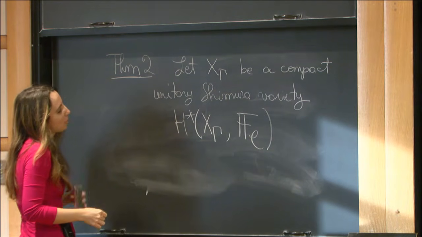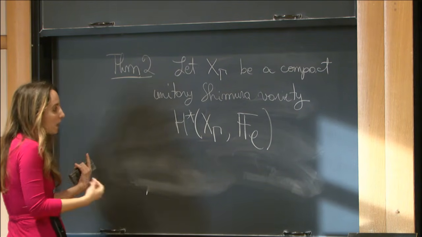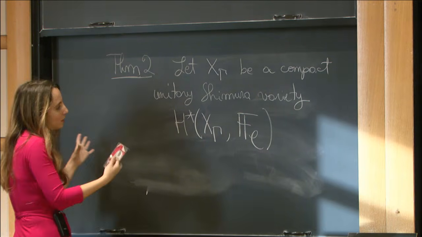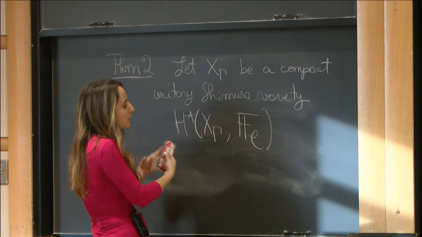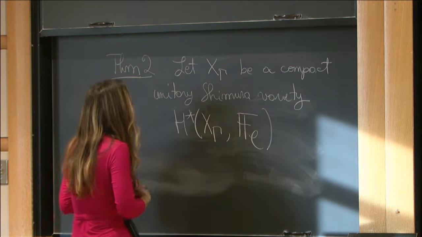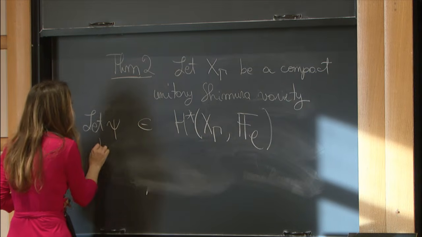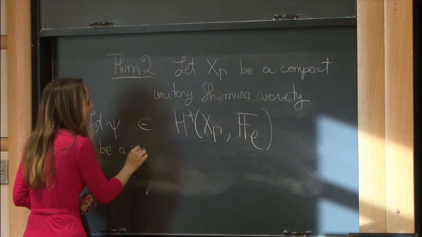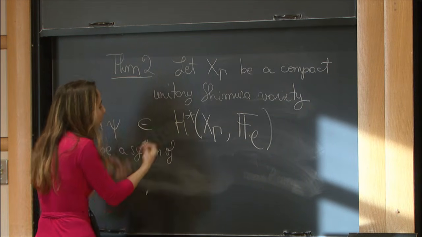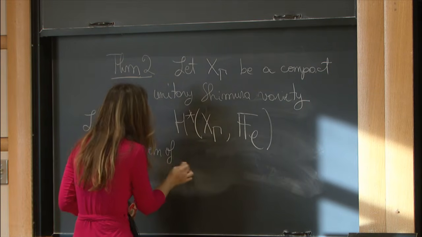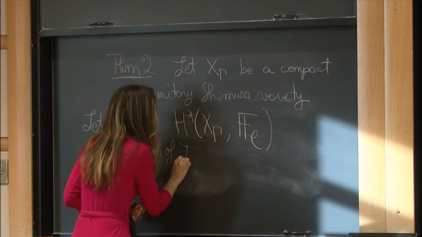And so again, you understand classes by looking at all these extra symmetries and taking systems of Hecke eigenvalues. So let psi in here be a system of Hecke eigenvalues, well, really an eigenvector that has attached to it a system of Hecke eigenvalues.